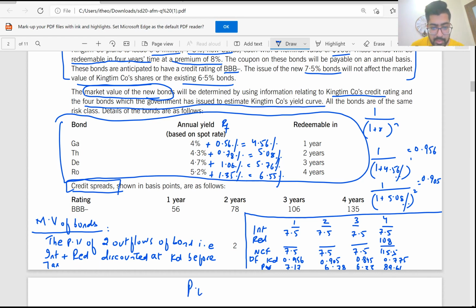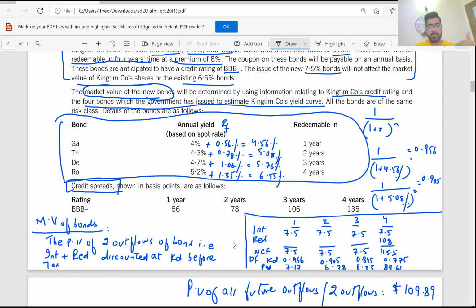The present value of these 2 outflows, interest and redemption, discounted at KD, is 109.89, and this is the market value of the bond. This is written in WACC as bonds trading at 109.89 by 100, like the old bond was trading at 104 by 100. Okay, please copy it.